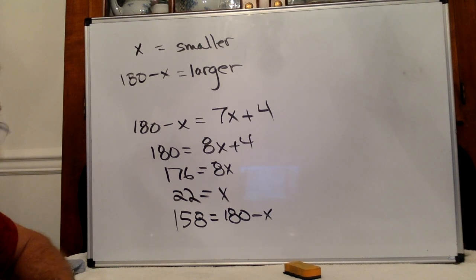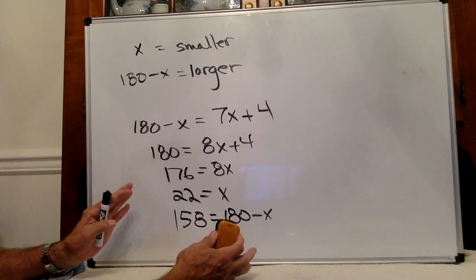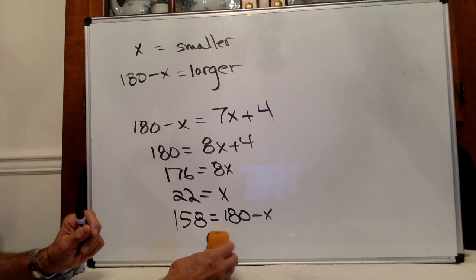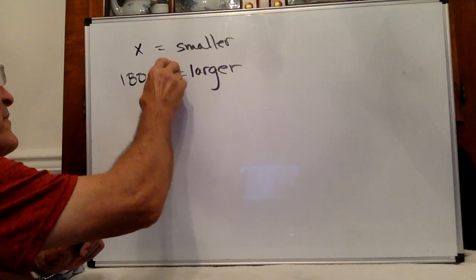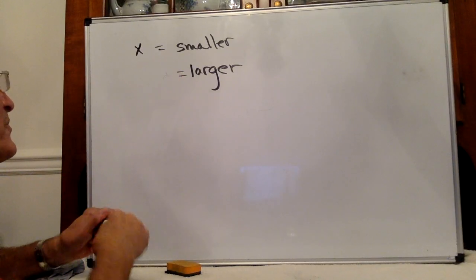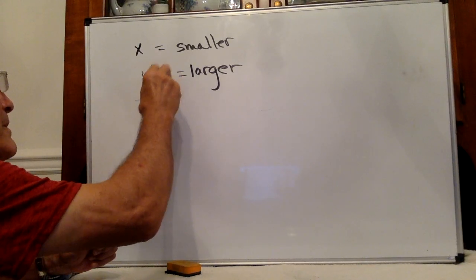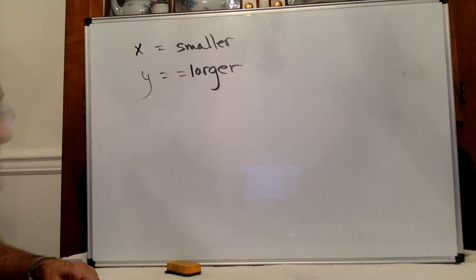Okay, let me just show you the setup for those of you that like two equations and two variables. Hopefully everybody understands this. Here's the setup if you did it in two. Let x equal the smaller, and y equal the larger.